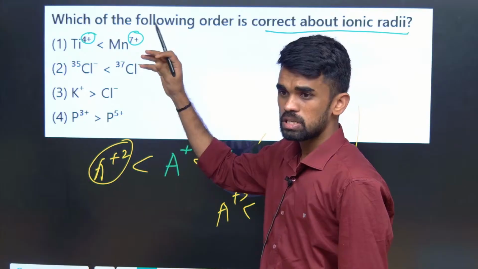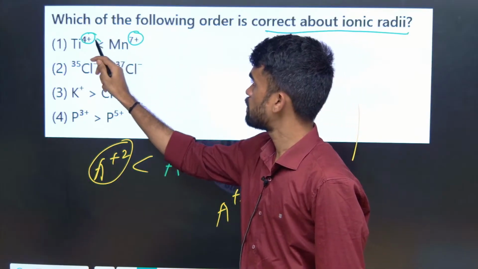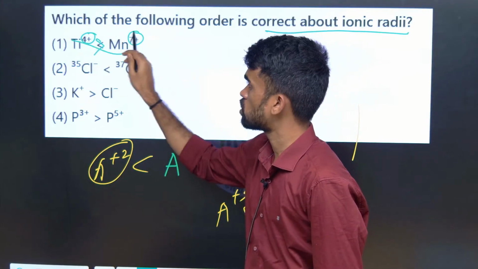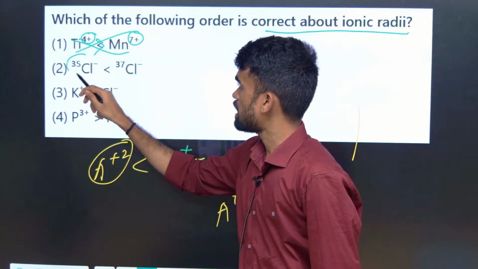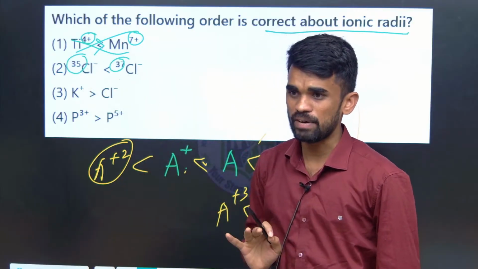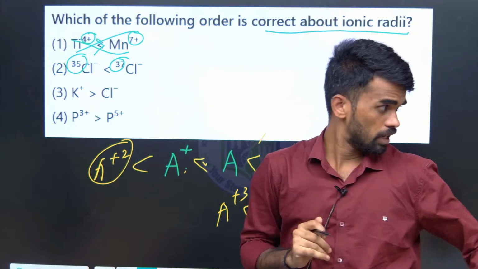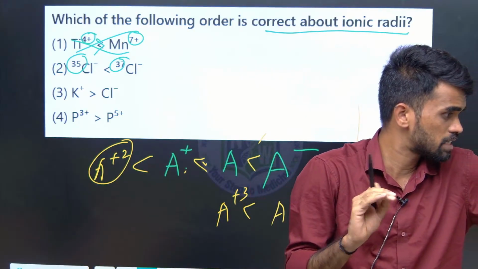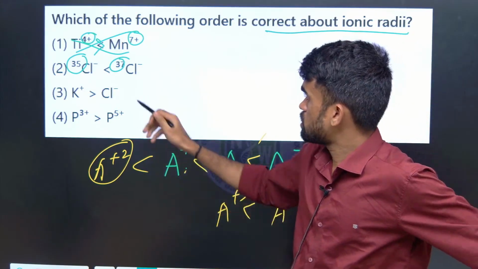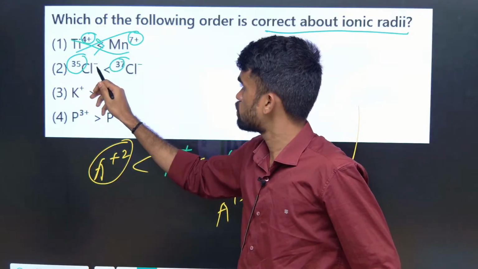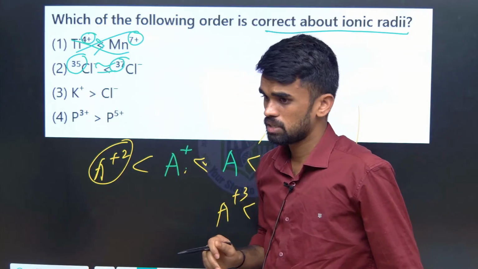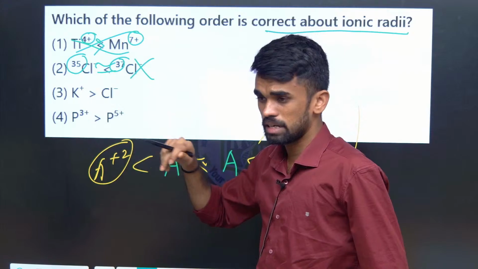More positive charge, smaller the size, but they have given it in the reverse order, so it is wrong. These are isotopes, and isotope just means the number of neutrons is different. There is no effect of neutrons here, so they should have almost equal size, but they are given in a different order, so that is also incorrect.